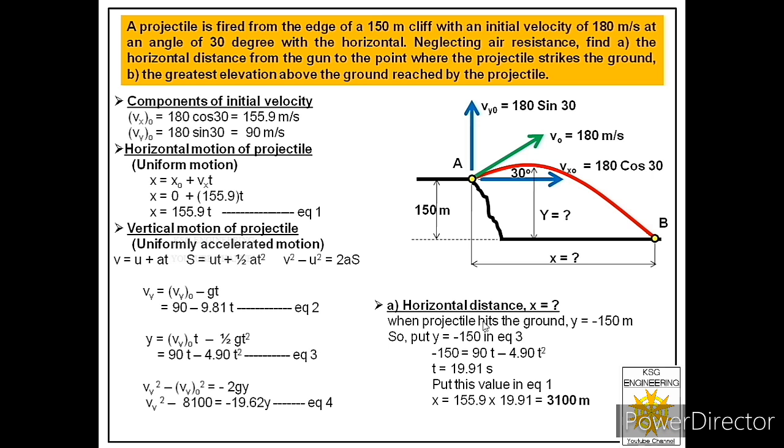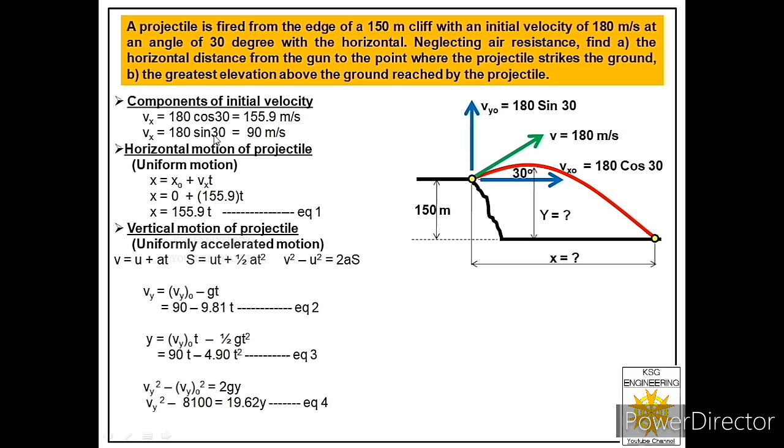Now we'll move on to the next part, that is B part. Let us see what we have to find in B part. So in B part, we have to find the greatest elevation above the ground reached by the projectile. That means capital Y. So let us find the greatest elevation, capital Y. And let us see which equation will help us to find that value.